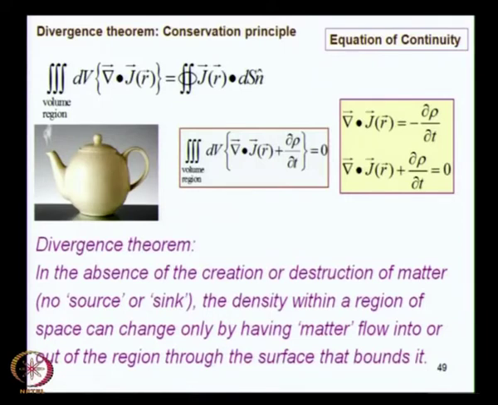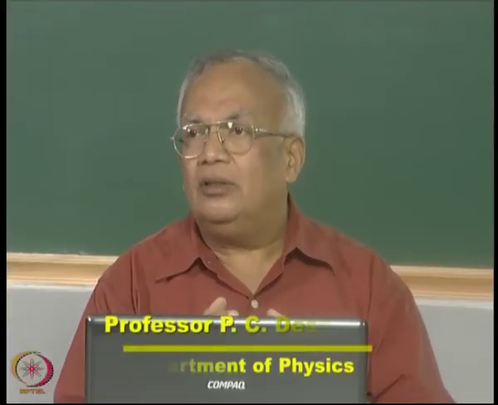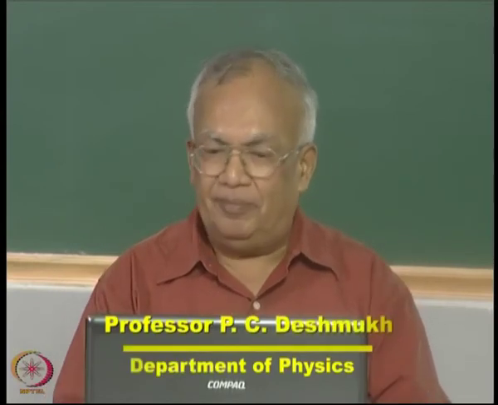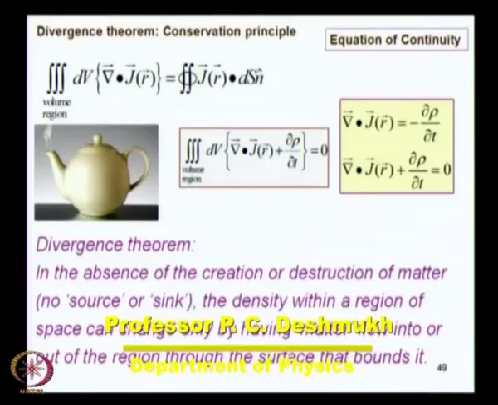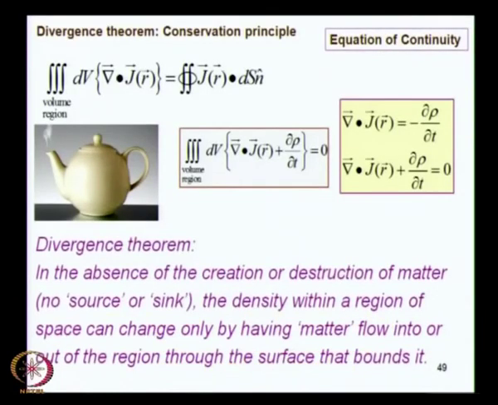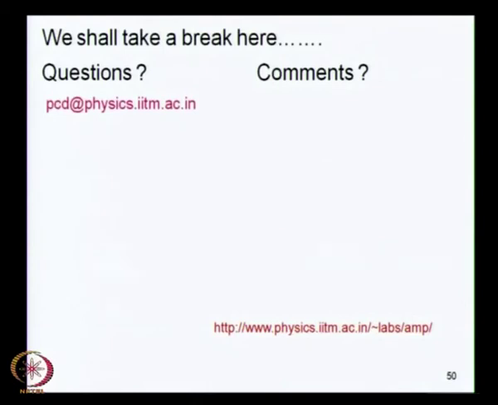So, if you carry out the integration of the flux across the surface, you get the net quantity which has oozed out or converged in. Okay. So, this is the divergence theorem. This is the mathematically very rigorous statement of the conservation principle.